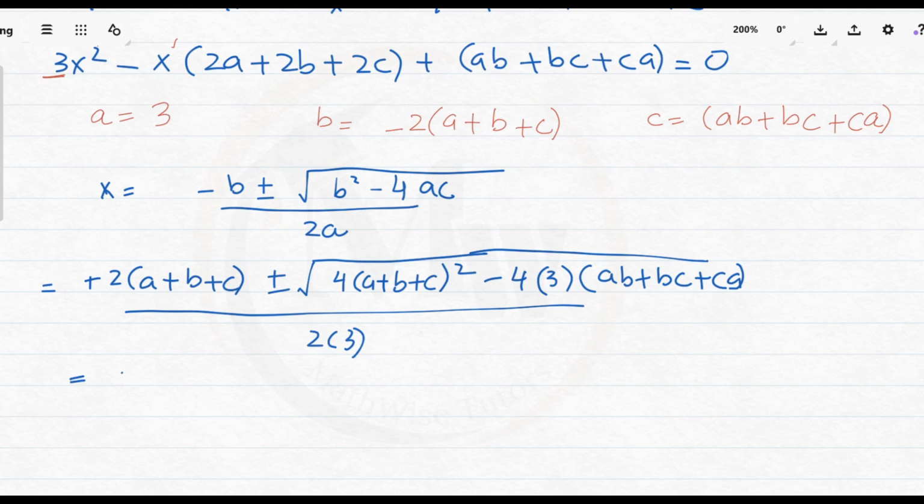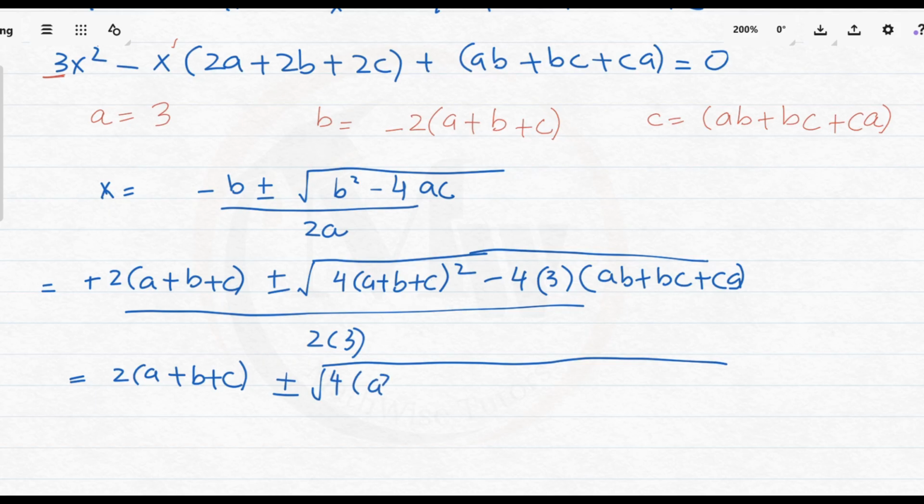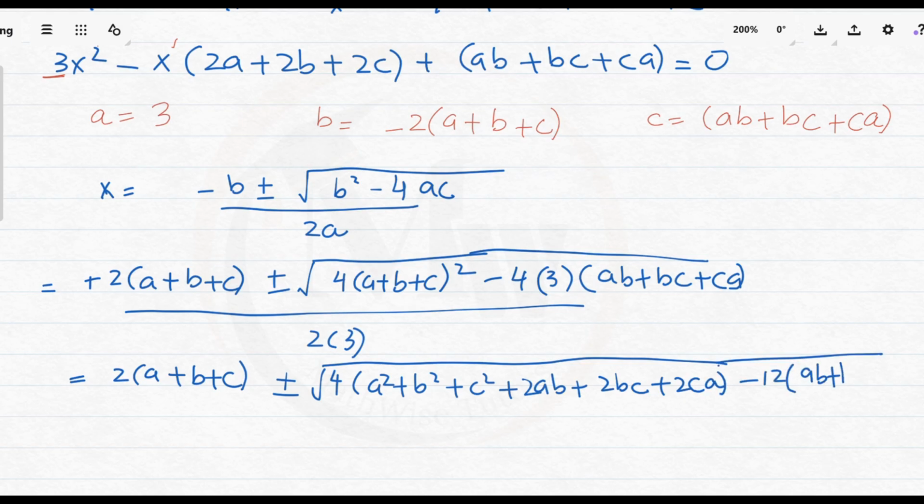After simplification, this term remains the same, 2 times a plus b plus c, plus or minus, open the square root of 4 as it is, and the square of a plus b plus c is a squared plus b squared plus c squared plus 2ab plus 2bc plus 2ca, bracket close, minus 12 times ab plus bc plus ca, divided by 6.